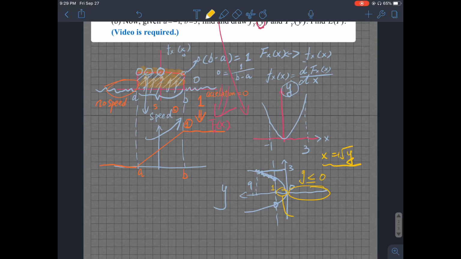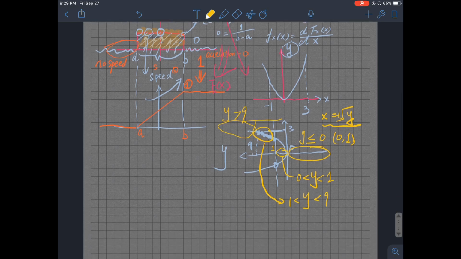For x from 0 to 1, y is also from 0 to 1. This part we have already discussed, and this is 1 to 9. And this part we don't have a value for x, so this is the last part, y greater than 9.